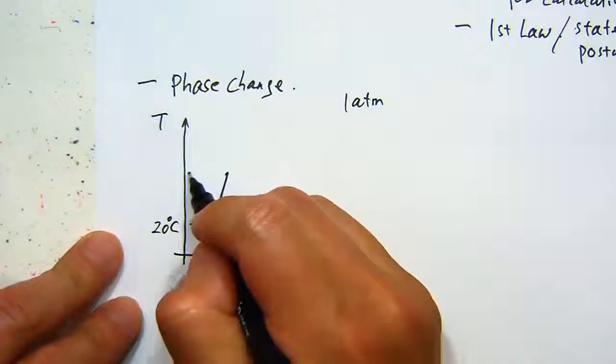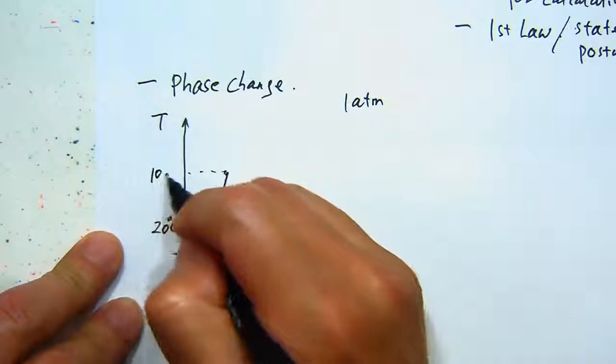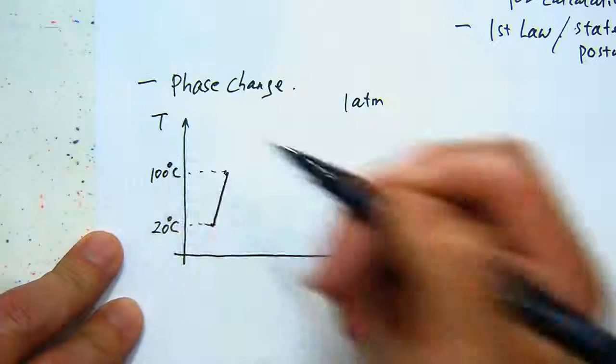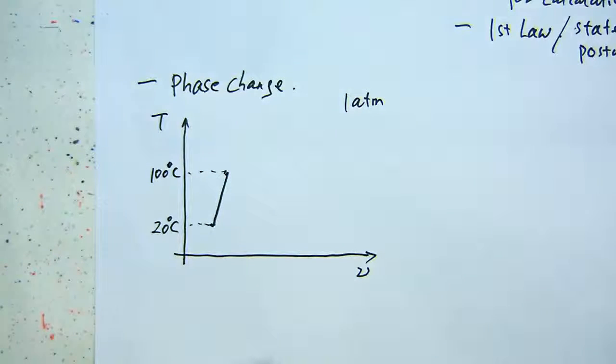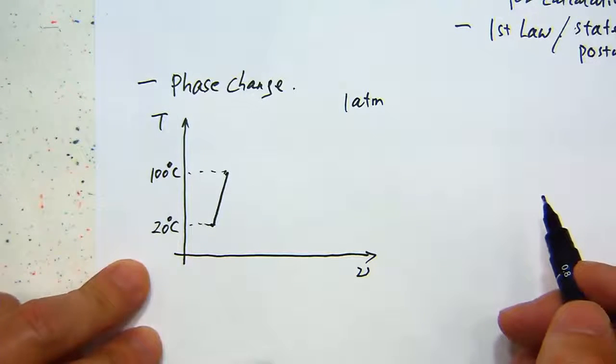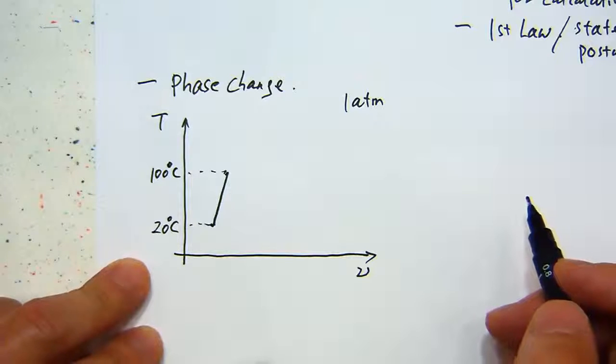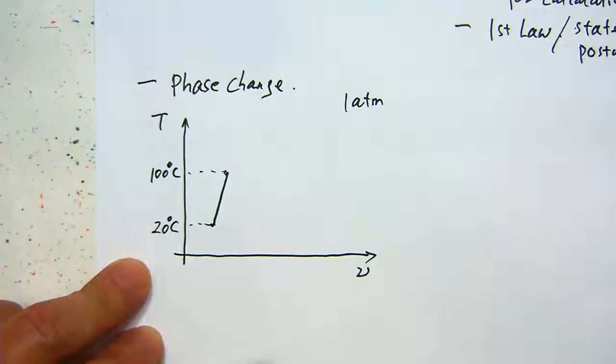Then if I reach 100 degrees C, the water will start boiling, right? And during that process, how should I draw the evaporation or boiling process?